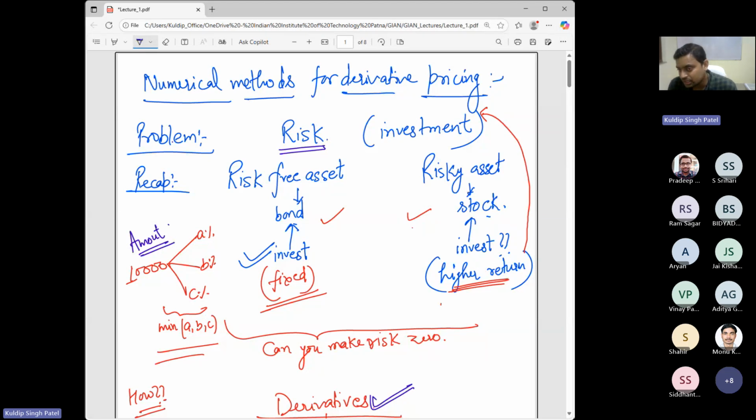If we invest only in risk free, of course, it's not a good idea. If we invest in risky, again, it's not a good idea. So you said that we should try the combination of both. Then we realized that we should invest in a way so that our risk is minimum. We all agree with this, right?